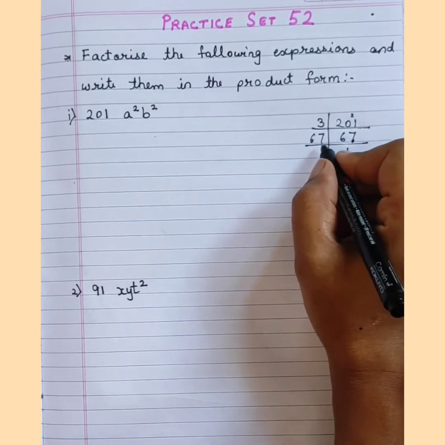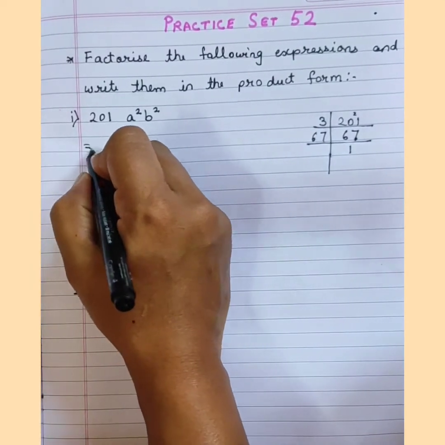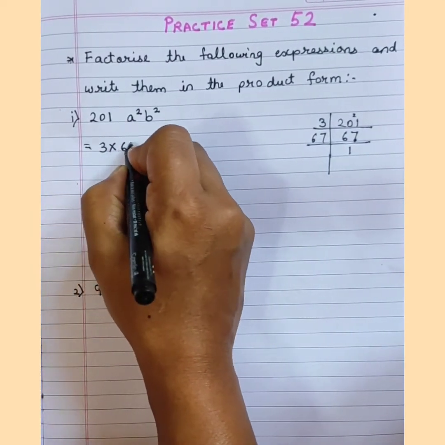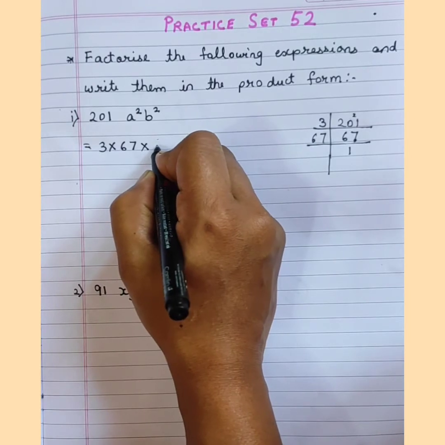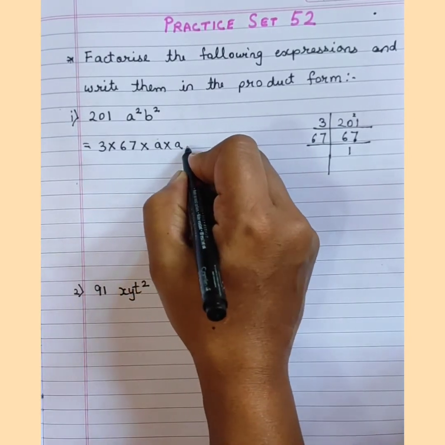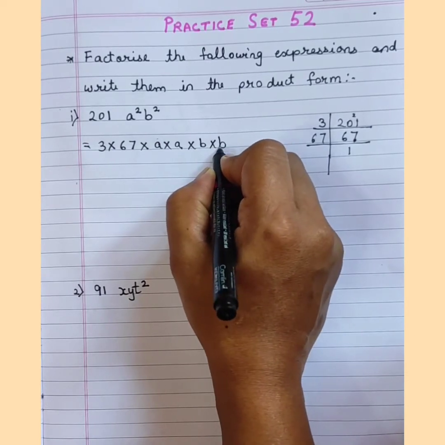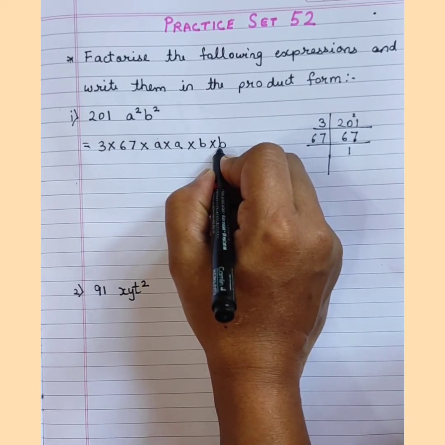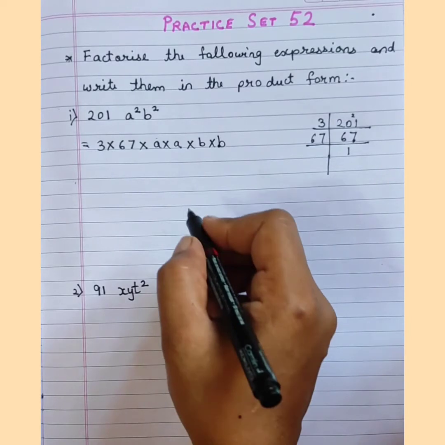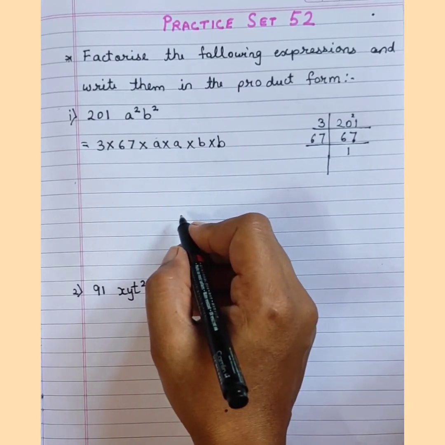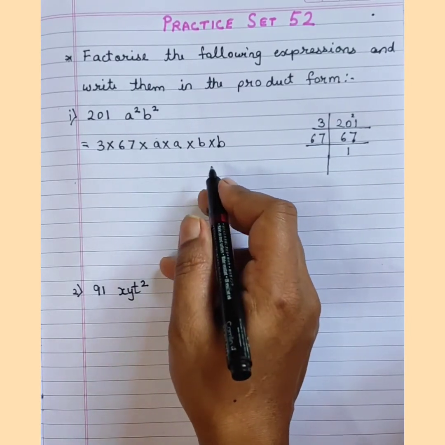So the prime factorization for 201 is 3 into 67. A square we can write as a into a, b square as b into b. In this way, we can factorize the following expression and write it in the product form.